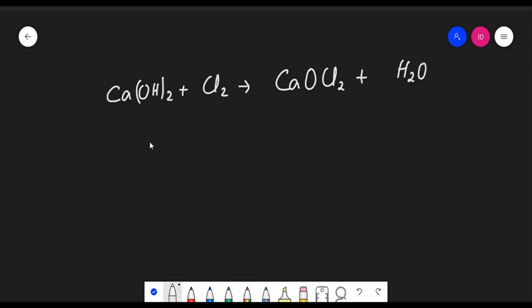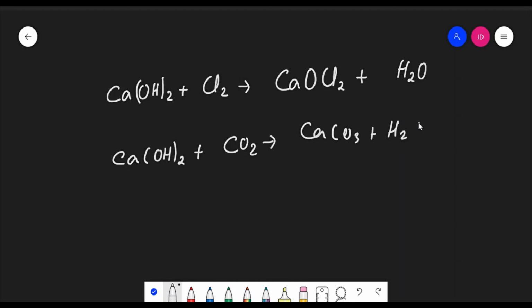Now don't think this is a completely new reaction. Don't think that it will become very hard to remember. You know this reaction already. Ca(OH)2, normal slaked lime. If you react carbon dioxide, what do you get? We get CaCO3 plus H2O.